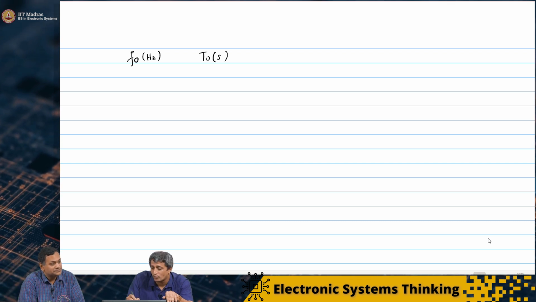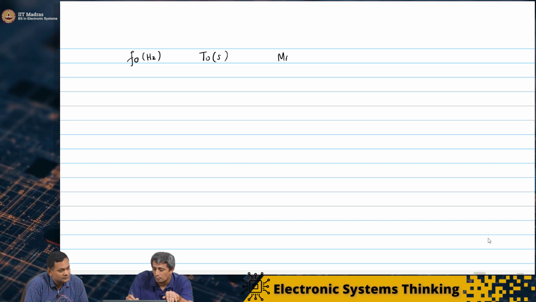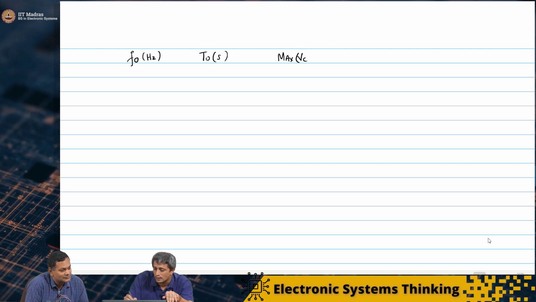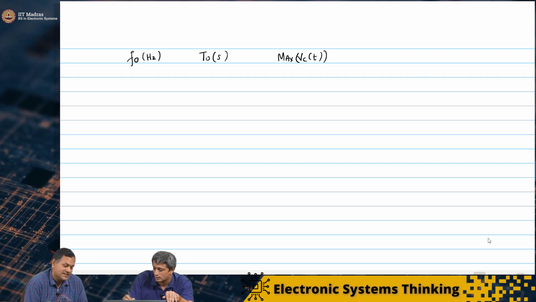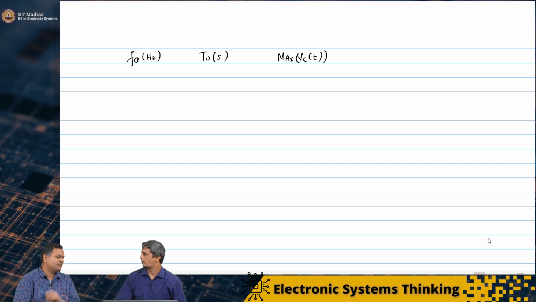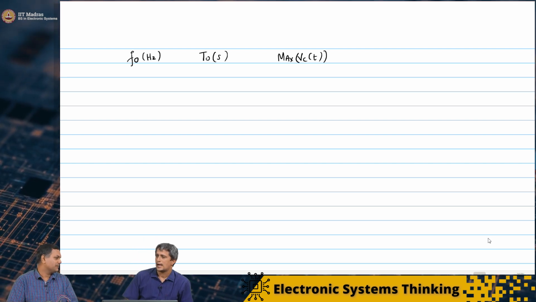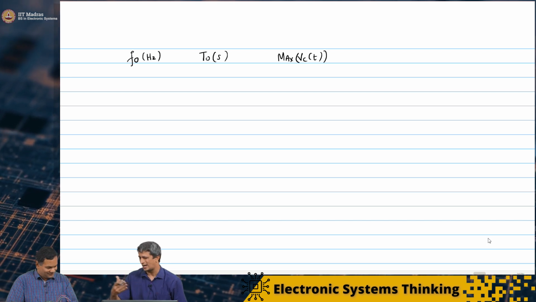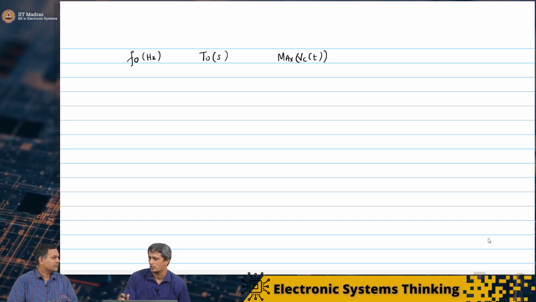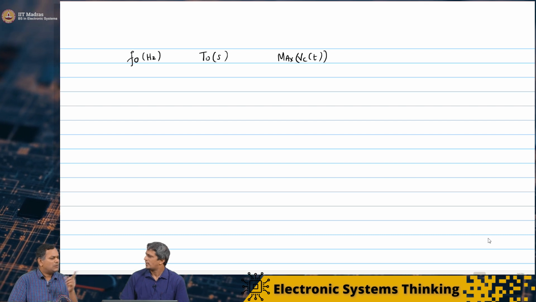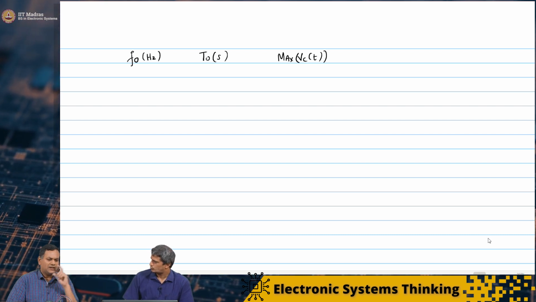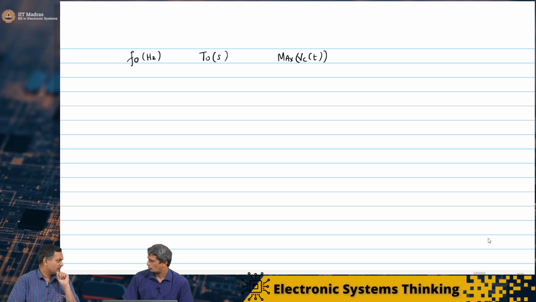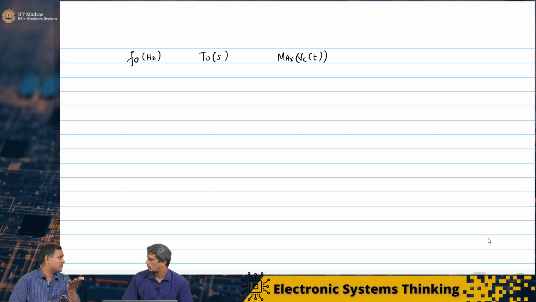Exactly, so we need to look at the max of Vc of t, the maximum value that Vc of t can go to. The negative value, the min, should just be the negative of that, so we'll not worry about that for now. Anything else? I know that the sinusoid has some zero crossings, and maybe the zero crossings might move as well.